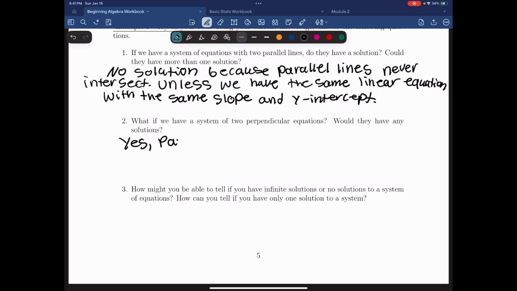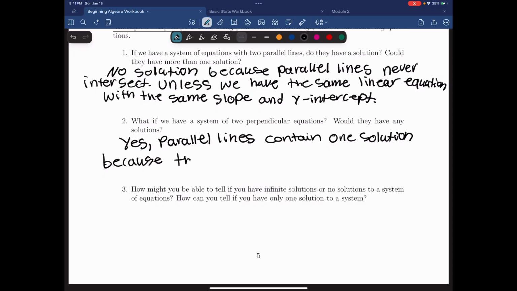Perpendicular lines contain one solution, and that is because they intersect. And they specifically intersect once.